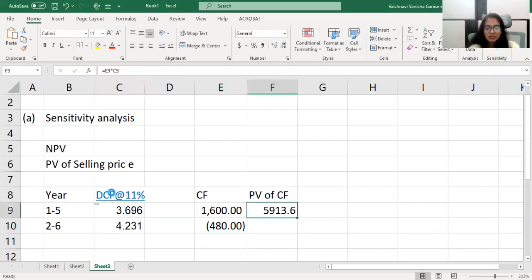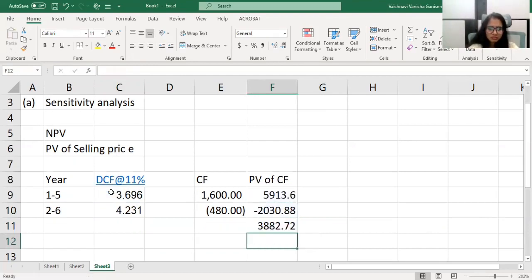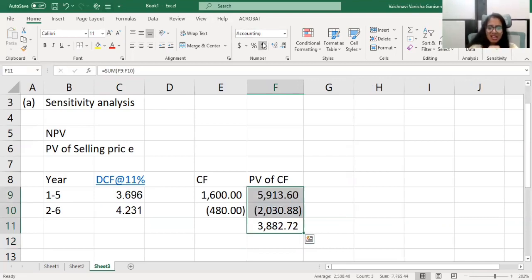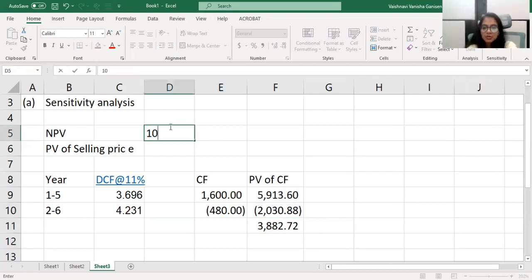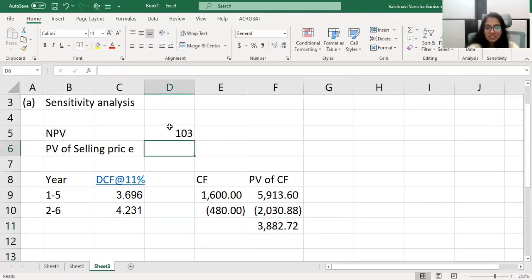Okay, copy paste. Okay, then total up everything. This is my present value of cash flow. So NPV was 103. My present value of cash flow is here.